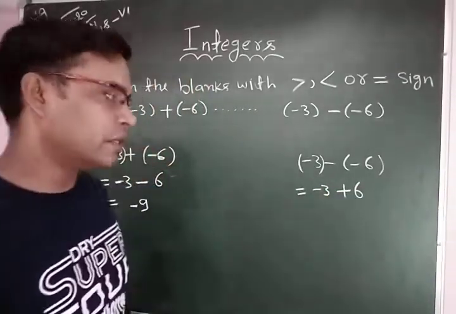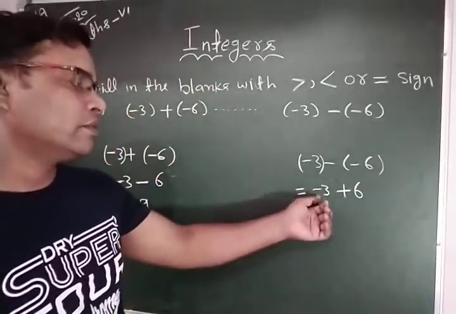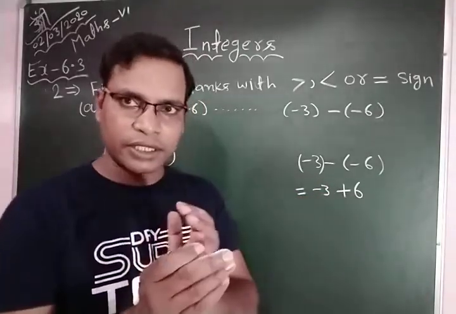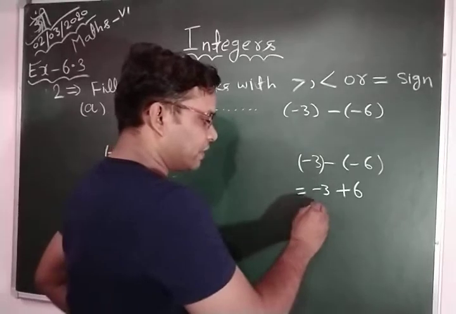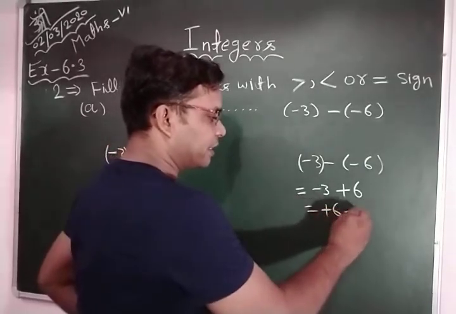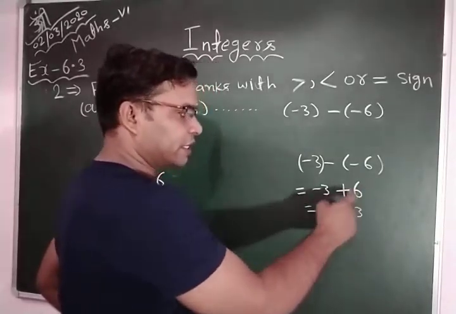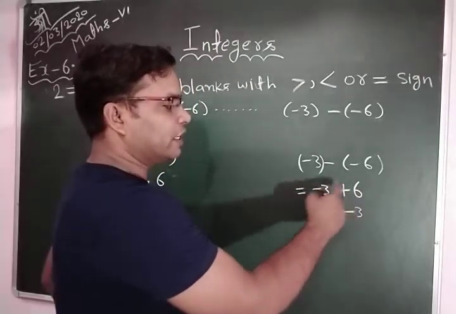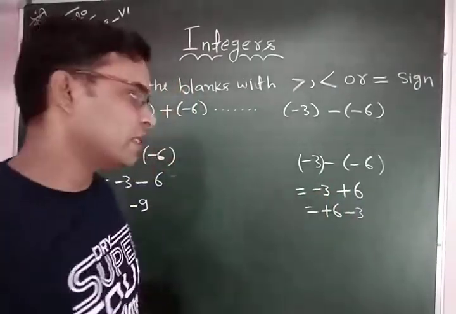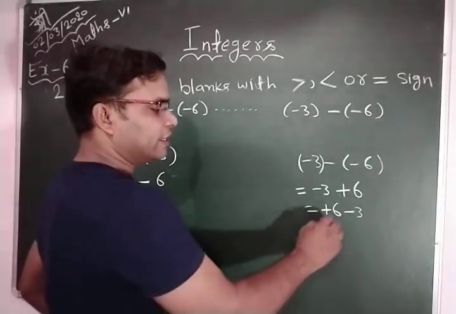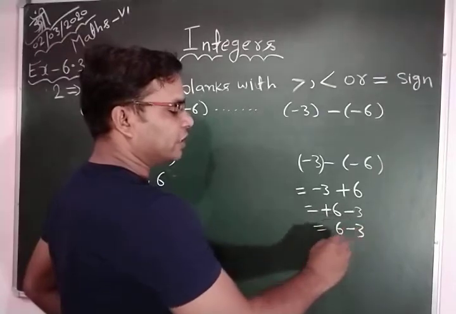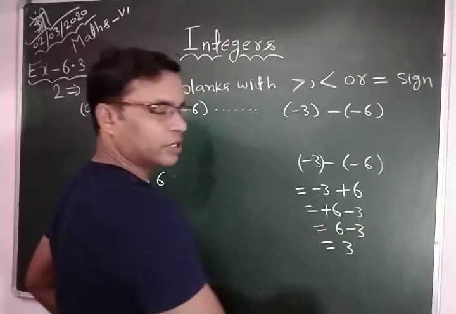This is clear now. So here minus 3 plus 6. So you can rearrange it. You can write first plus 6, after this minus 3, because 6 is greater than 3 and 6 has a positive sign and 3 has a negative sign. So you can write only 6 minus 3. 6 minus 3 is equal to 3.